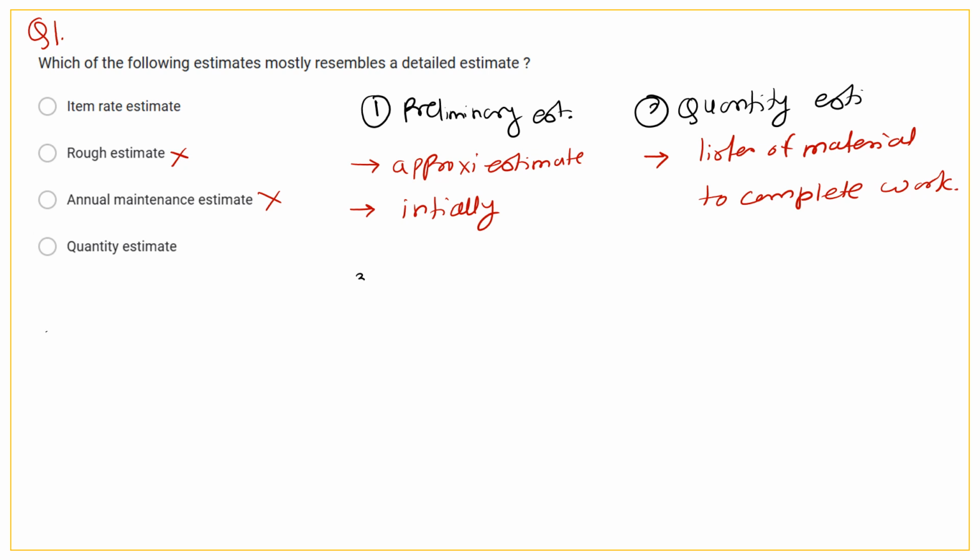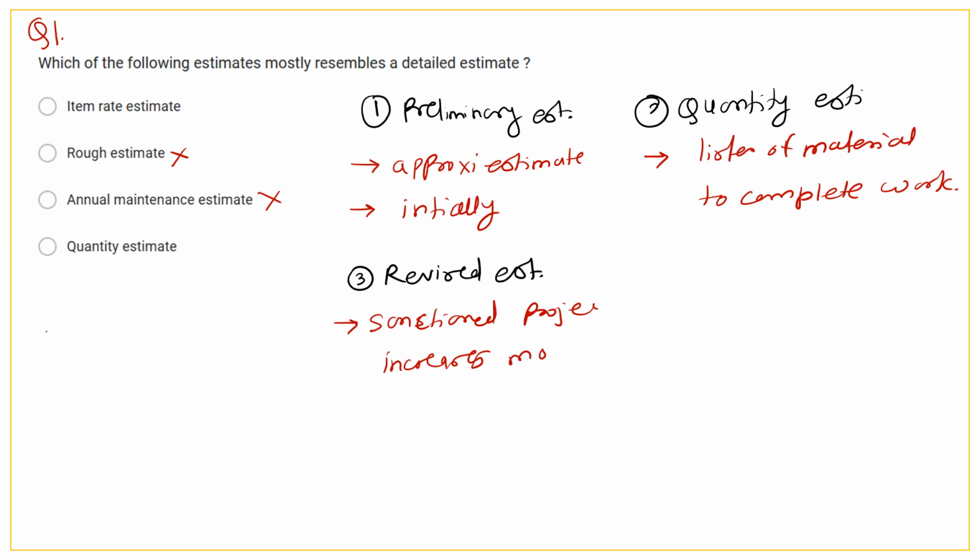Then next is revised estimate. Revised estimate is that estimate in which the sanctioned project estimate or cost increases by more than 5%, then this revised estimate is formed.